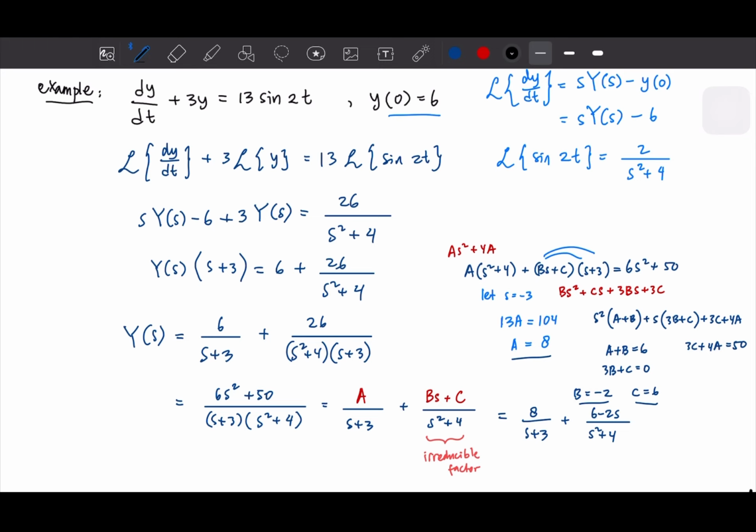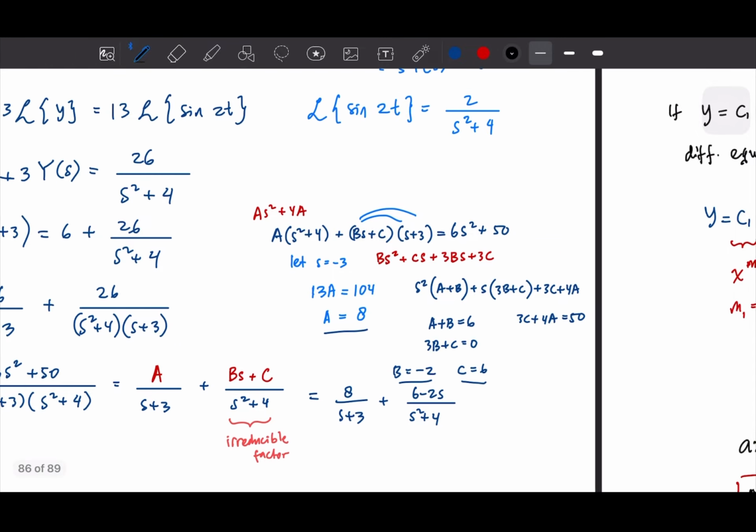So we have coefficients A, B, and C, as in partial fractions when you learned calculus 1. Each fraction can be transformed back with inverse Laplace. So let's try to transform back to the small y.